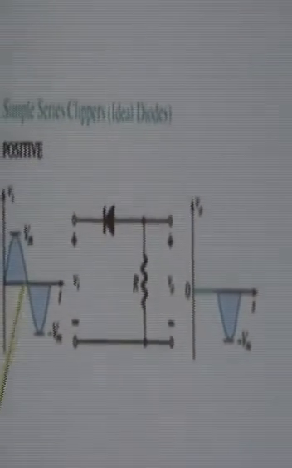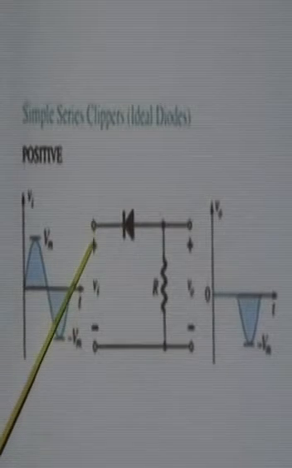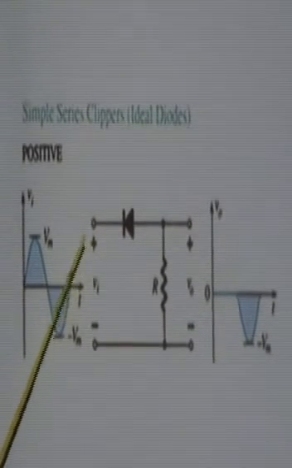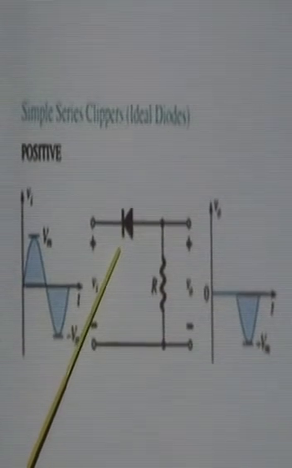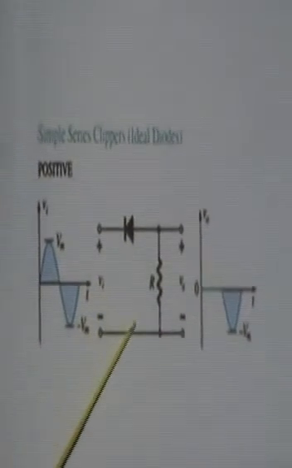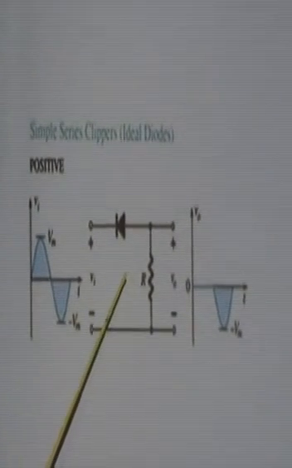While for the negative half cycle, we have to change the polarity. This plus comes here and this negative comes here. And for this configuration, the diode is in forward bias condition. For the negative half cycle, the diode conducts and there must be a current in the circuit via diode through the load resistance.